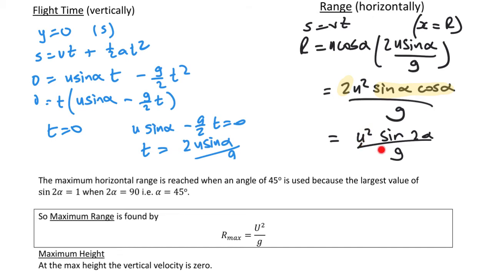So you're multiplying u squared over g by something less than 1, which makes it smaller. So the maximum value of range has alpha as 45, 2 alpha as 90, sine 2 alpha as 1, so the maximum is u squared over g.